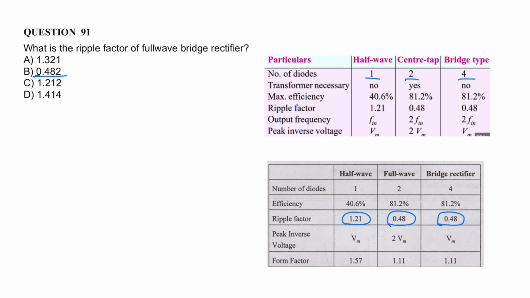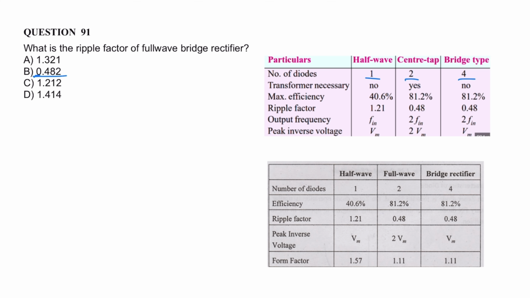Form factor of a half wave rectifier is 1.57, whereas the form factor for a full wave rectifier is 1.11. Efficiency of a half wave rectifier is 40.6%, whereas the efficiency is 81.2% for a full wave rectifier, either a bridge type or center tapped. So the correct option is 0.482, the ripple factor for a full wave bridge rectifier.